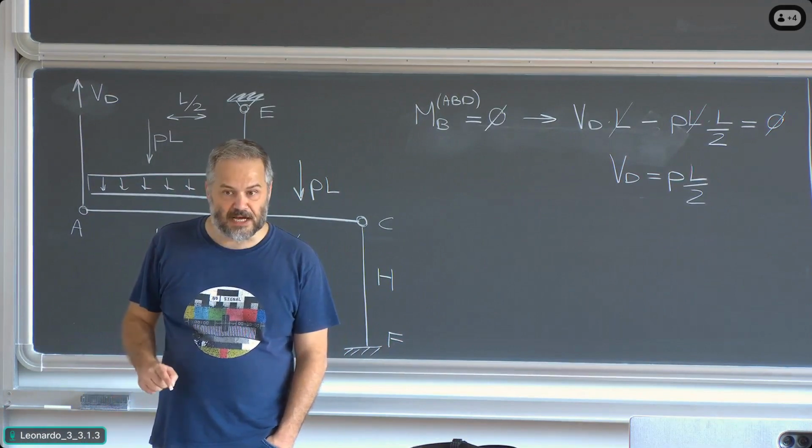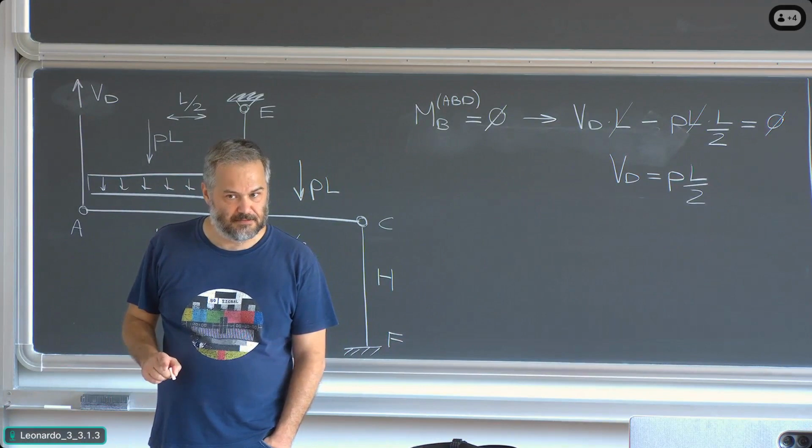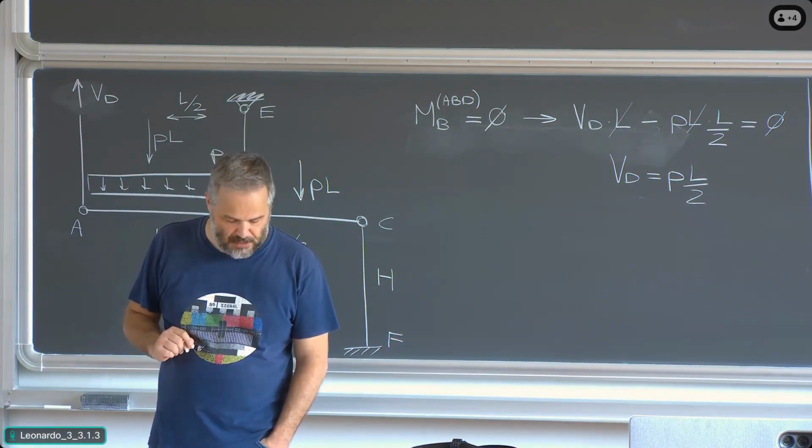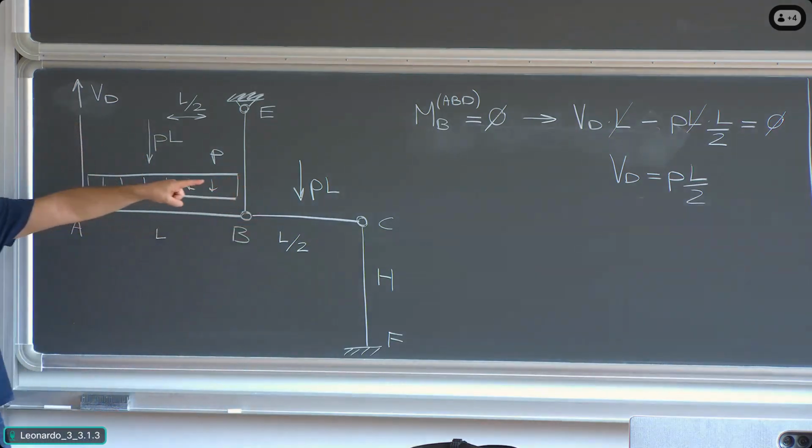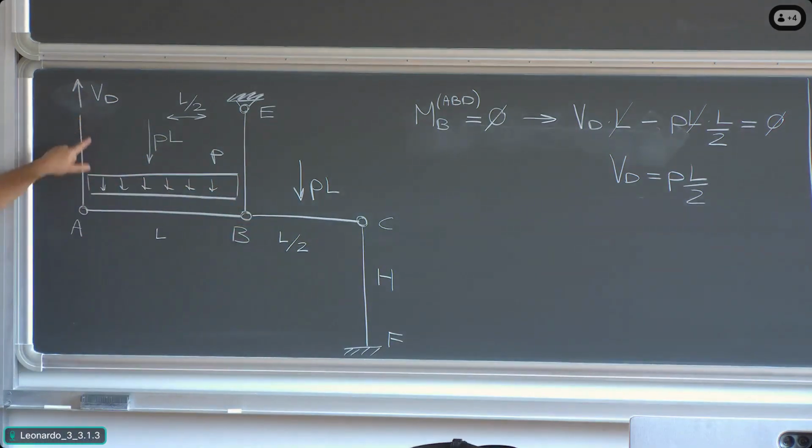The two beams are supported by ties, AD and BE. If we find that VD is positive, this means that AD is subjected to tension. This is right, because I said it's a tie. Okay?